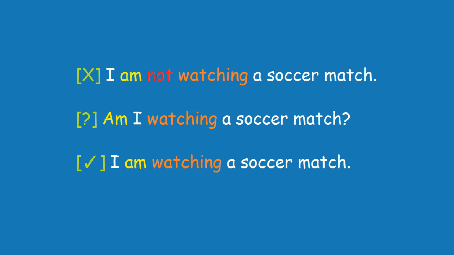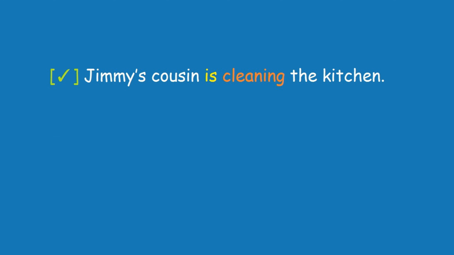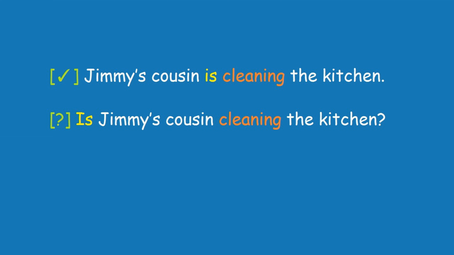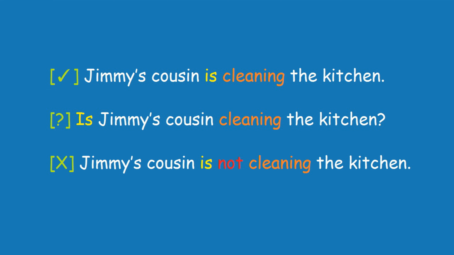The next one. Jimmy's cousin is cleaning the kitchen. Affirmative. The interrogative form. Is Jimmy's cousin cleaning the kitchen? Okay. Now the negative form. Jimmy's cousin is not cleaning the kitchen.